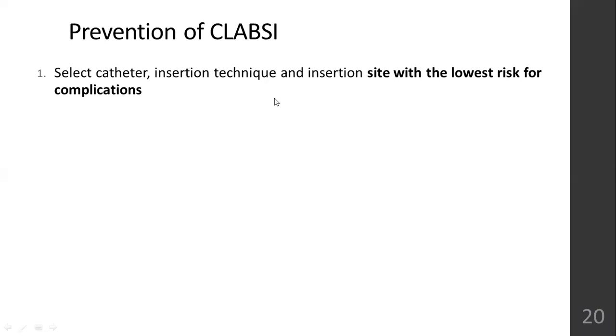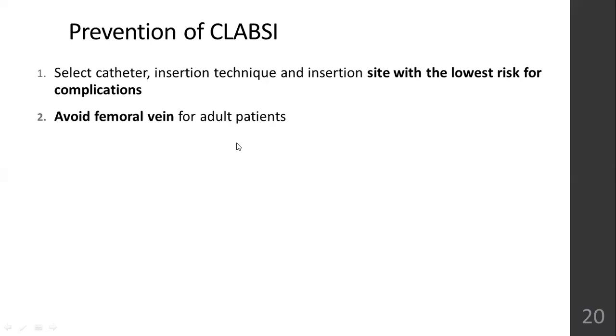It's the subclavian line, okay, not the femoral. If there is some wound or if the subclavian site is infected, only then you can go for the femoral line. Otherwise, subclavian is the first option.